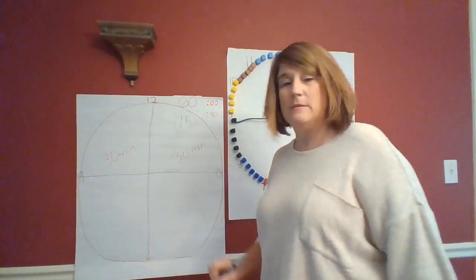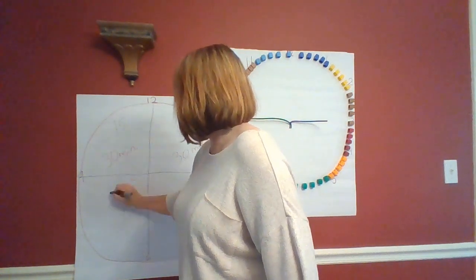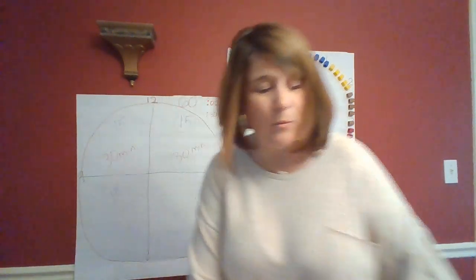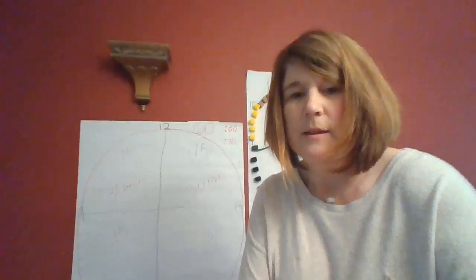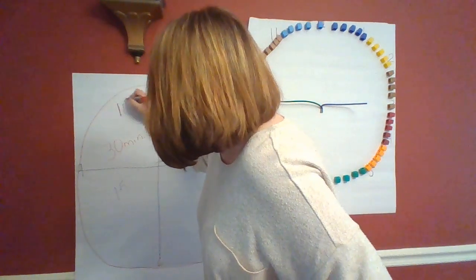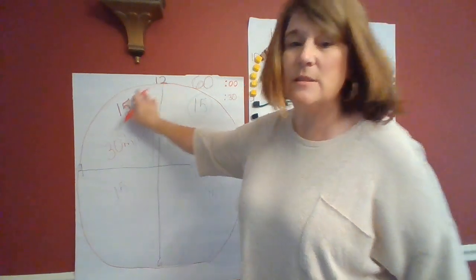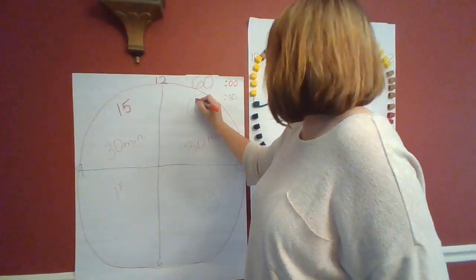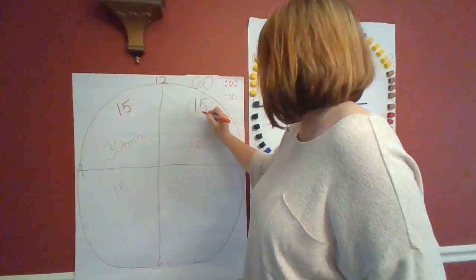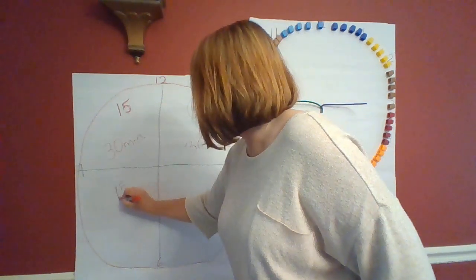We sure can. And 15 and 15. And I'm going to make that with my red marker because my camera isn't picking up the amounts of time as well as some other videos have. So 15 minutes for this part of our clock, 15 minutes for this part, 15 and 15.